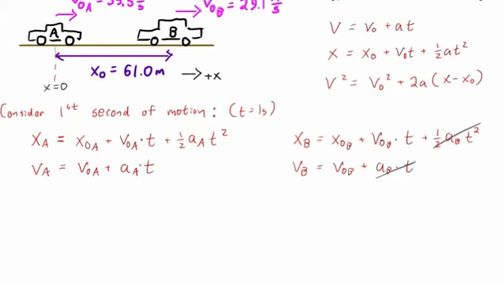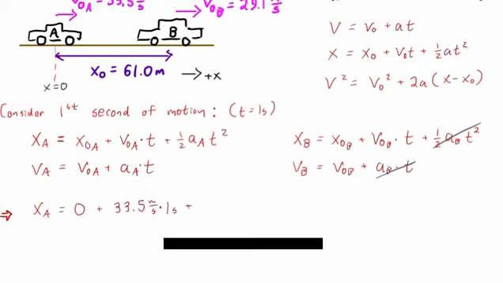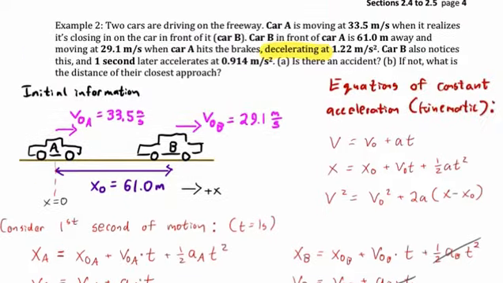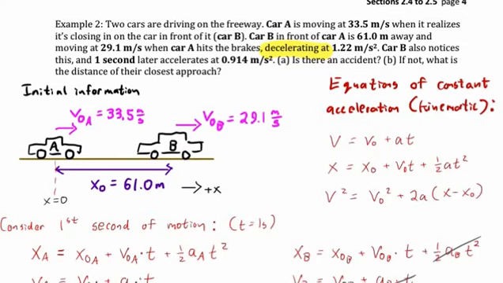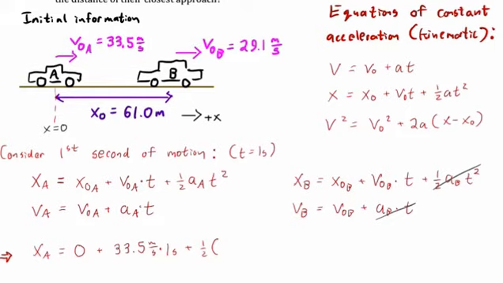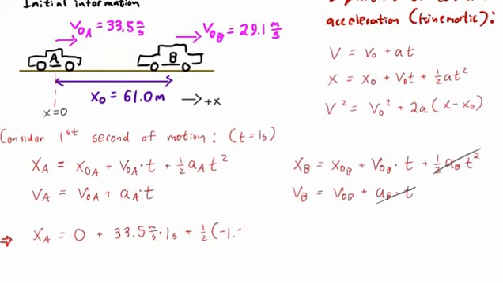Continuing on here, x A is just going to be 0 plus our 33.5 meters per second times 1 second plus 1/2 times the acceleration of A, which is negative 1.22 meters per second squared, times 1 second squared. That will give us the final position of x.